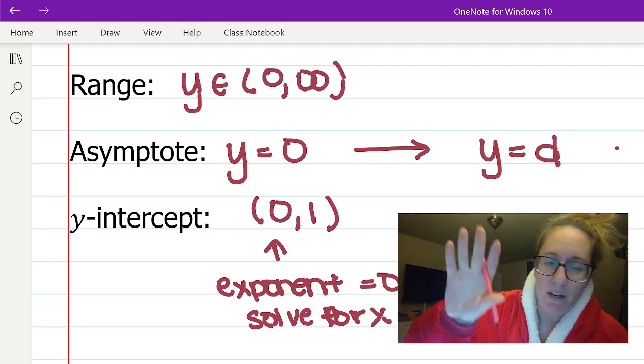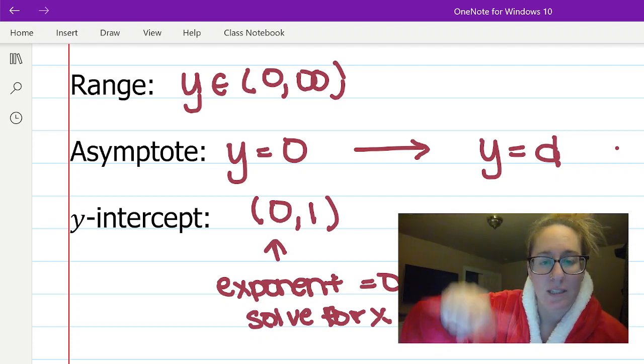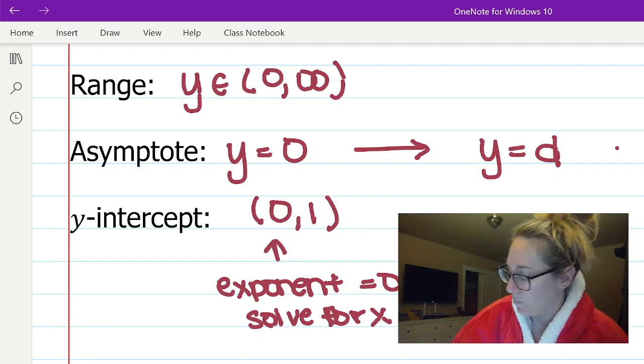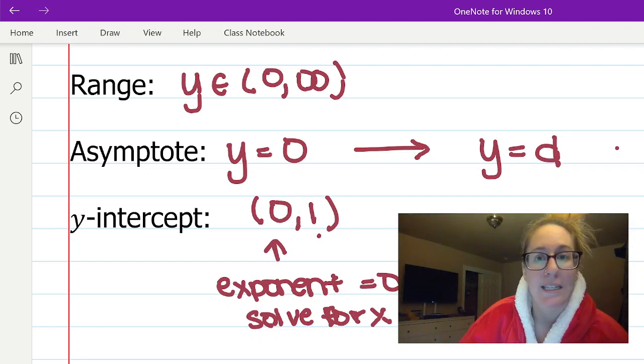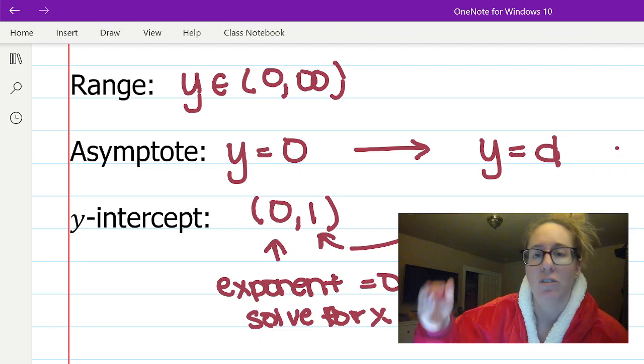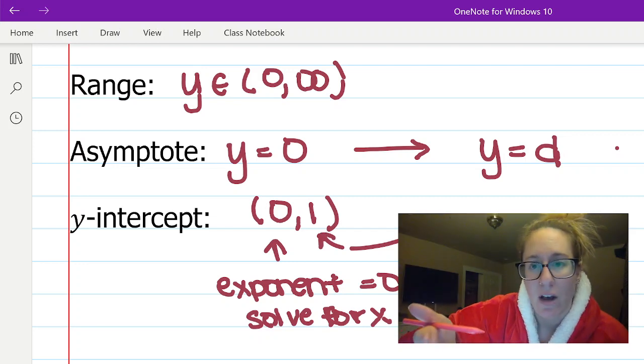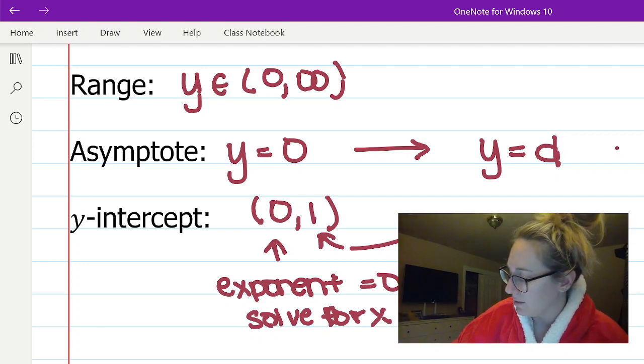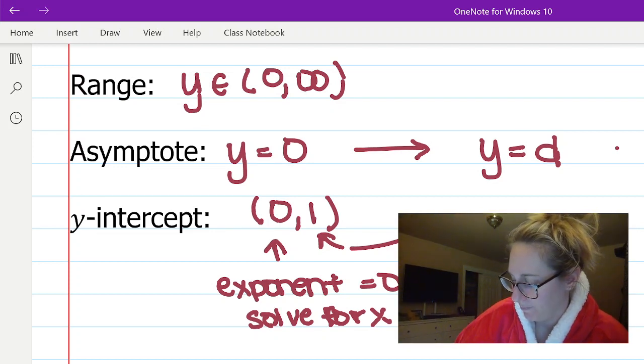Once you have an x value, it's easy to find a y value. If you know what x is, you just plug it in, and it's going to tell you what y is for that specific x. So just plug the x value you get into the equation and simplify.